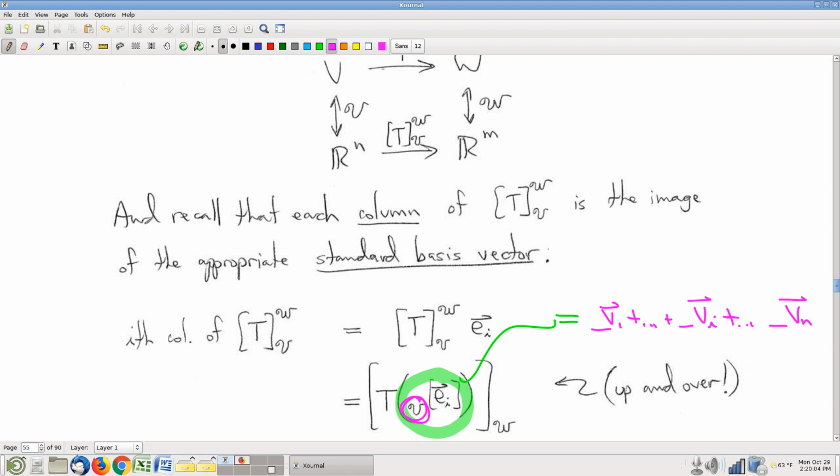Those are the basis vectors I'm taking a linear combination of, and the coordinates, namely the coefficients in that linear combination, are all zeros, except for a 1 in the ith position.